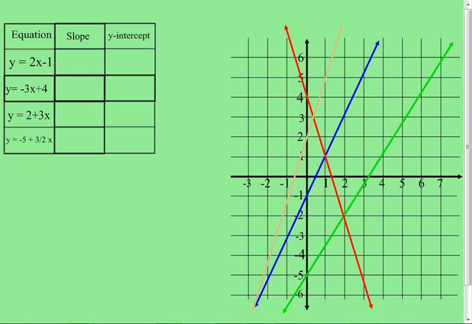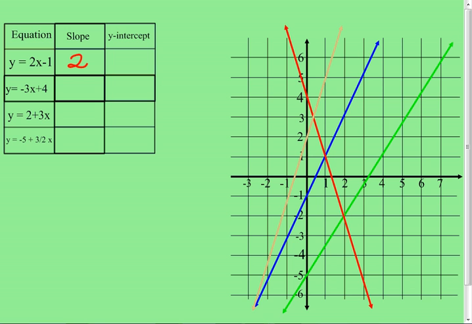Okay, we should quickly fill this in. What's the slope of this one? What's the slope of this line? The slope is the number that's multiplying x. What's the slope here?